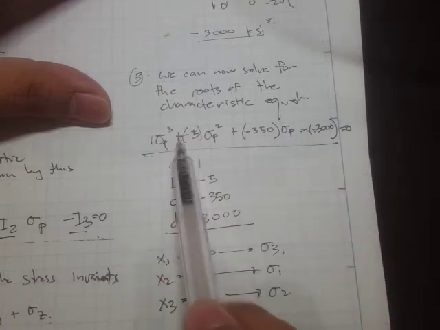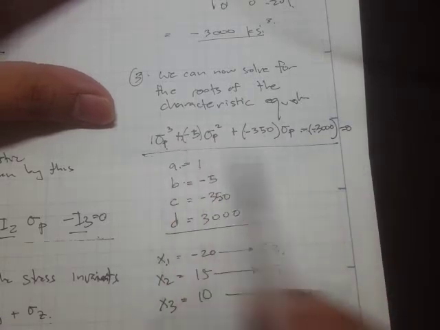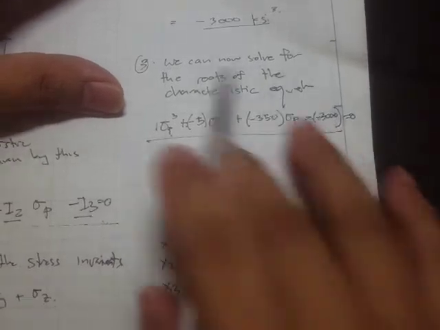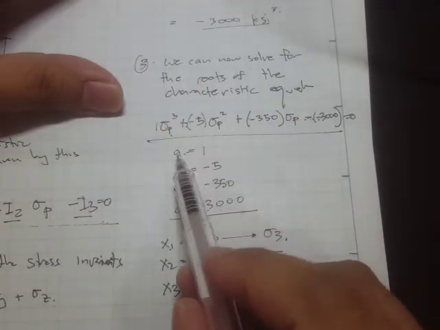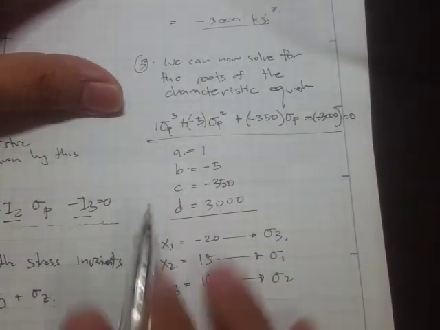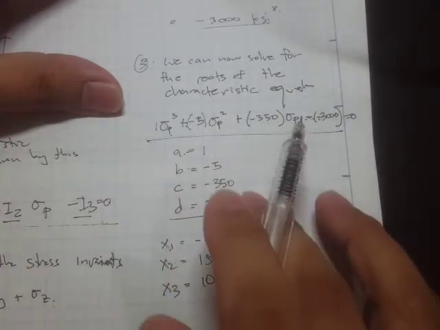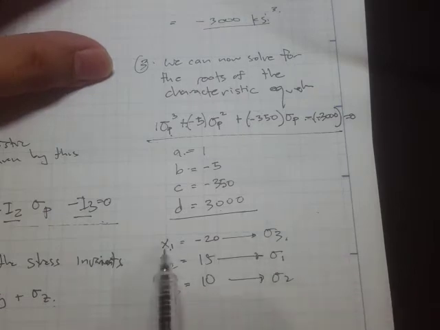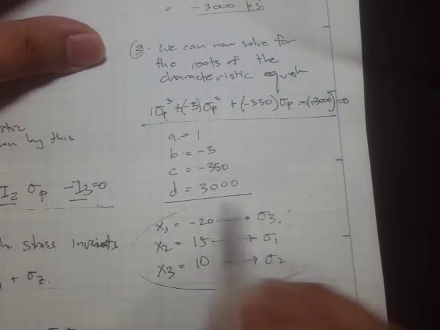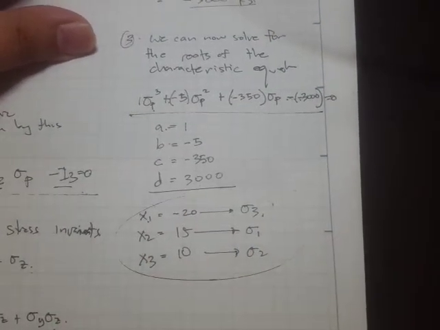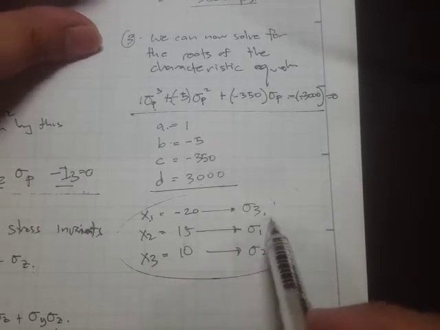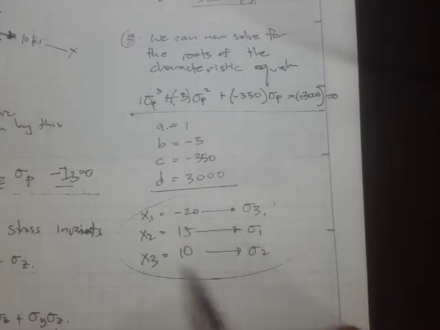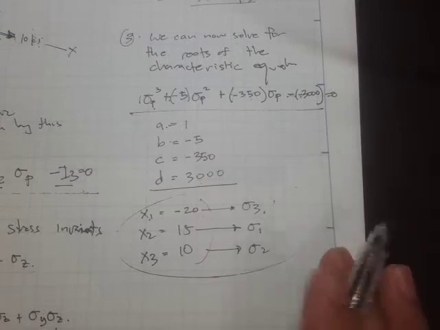Once you mess with the signs, you would get erroneous values. That's why I write here A is equal to 1, B, C, and D, because that's what I'm going to input in my calculator. Once I have that, the roots are given directly by the calculator, and we just have to arrange the values, whichever is the biggest.